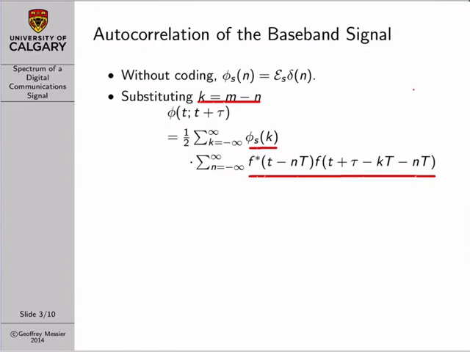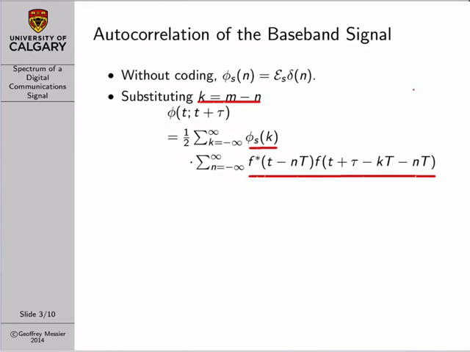Now, if you think back to basic stochastic theory, we've talked about the stationarity of signals, and one standard type of stationarity is wide sense stationary signals. A wide sense stationary signal is one that has a mean that is independent of time and that has an autocorrelation function that is a function just of the shift in the two time values that you're comparing, but not the actual absolute location of those two time values.